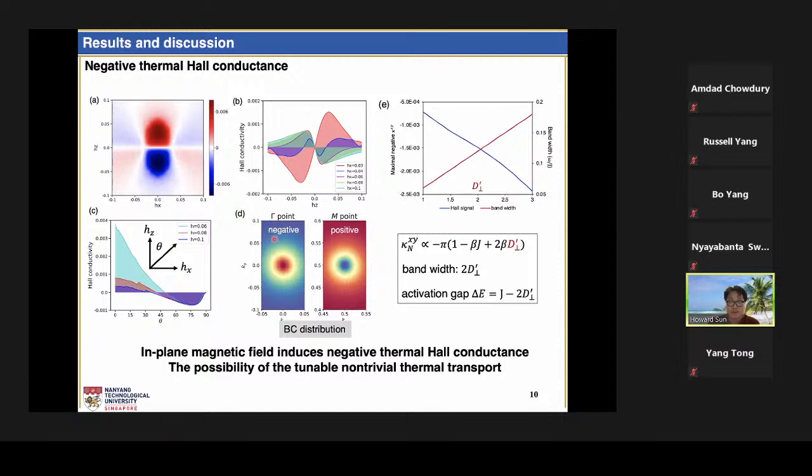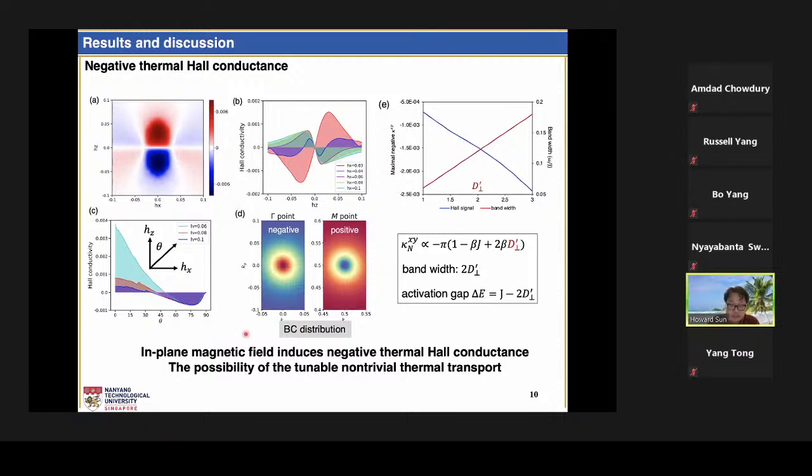This Berry curvature hotspot is induced by the in-plane magnetic field. From the calculation, we also show that this negative thermal Hall signal is linearly proportional to the DM interactions, which means that with large DM interactions, we can have a large negative thermal Hall conductance.